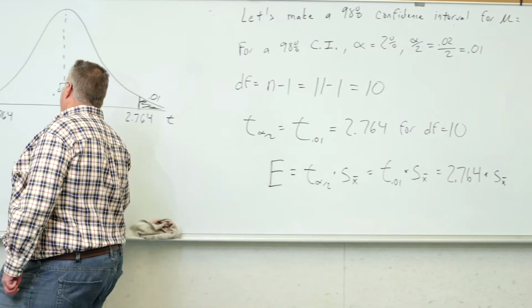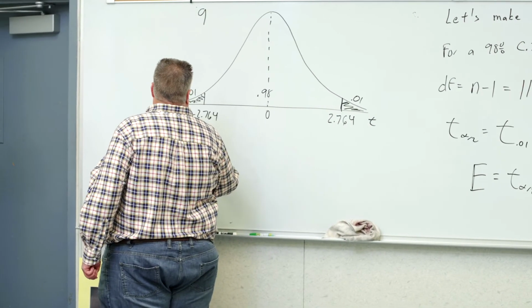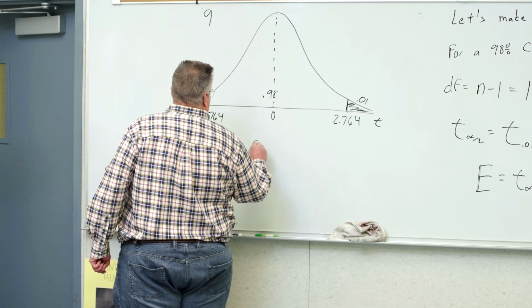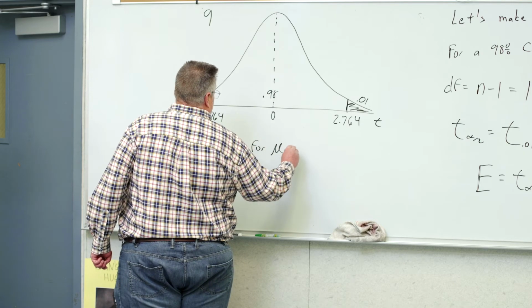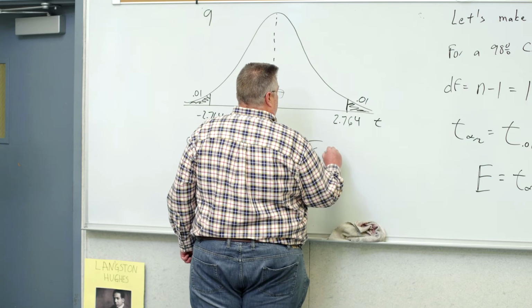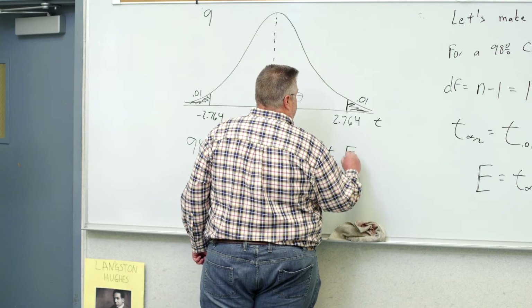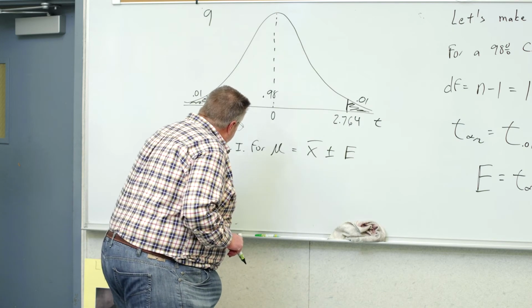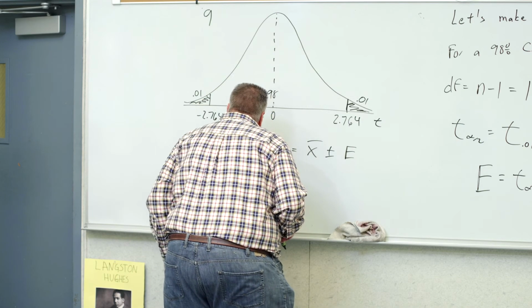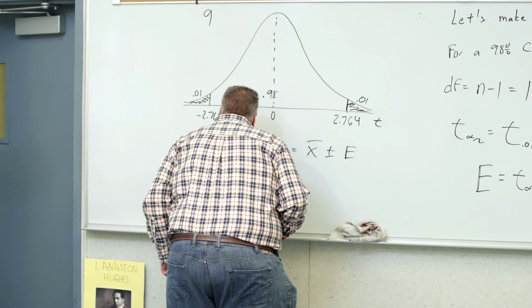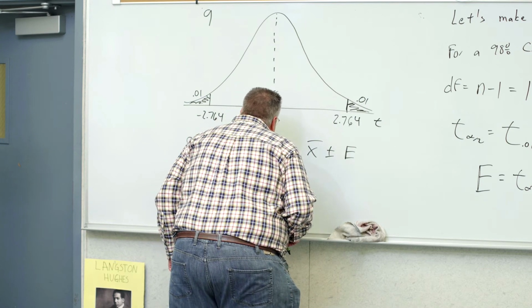And then my 98% confidence interval for mu is going to be x bar plus or minus this E. And I have completely forgotten what I put on there.